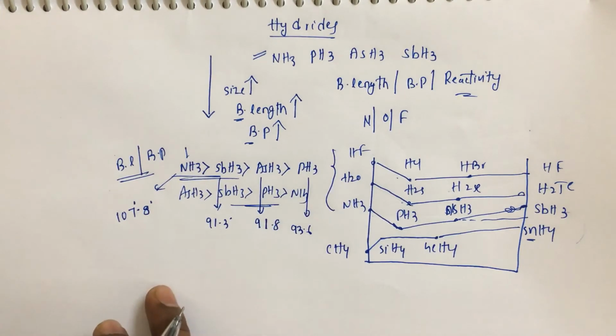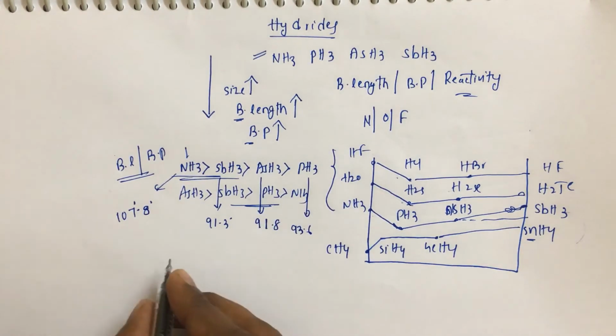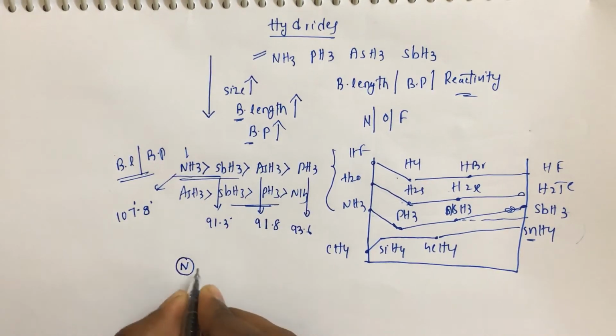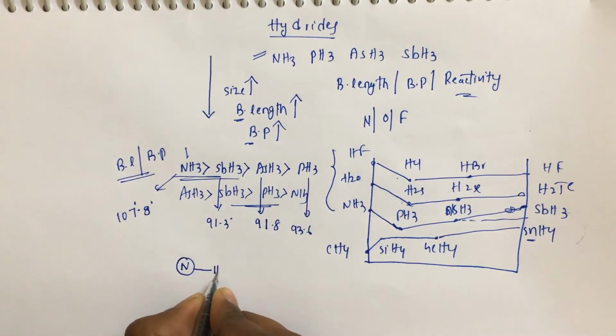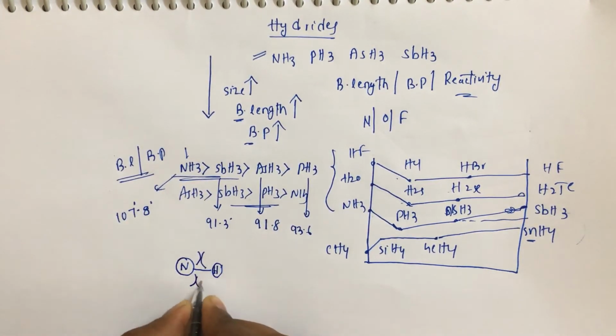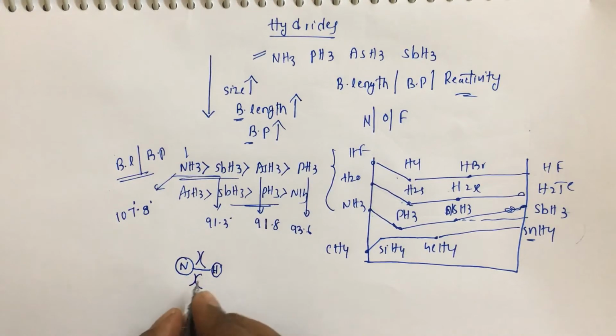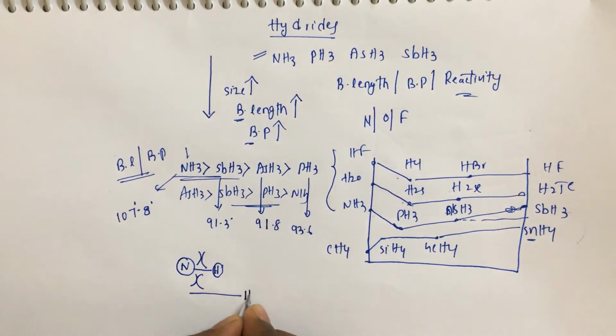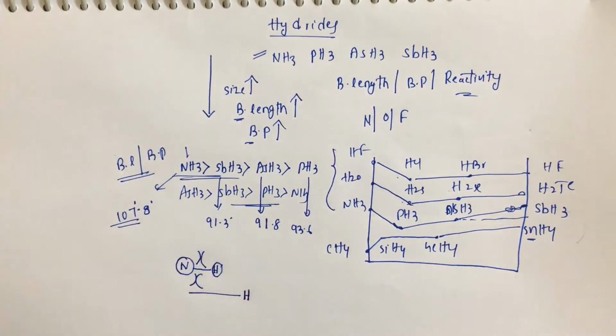So the reason is, nitrogen size is very small, the radius of nitrogen is small, and the hydrogen is also small, so there will be repulsions between the nitrogen and hydrogen because they have small radius. So because of that the bond length will increase. Sorry, this is bond angle, not bond length. So these are bond angles. I got confused. These are bond angles. So the bond length increases because of these repulsions.